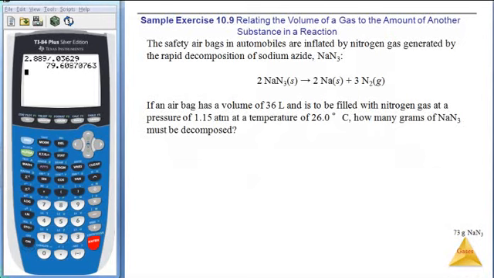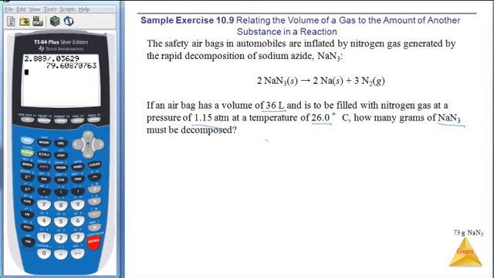Okay, so here we have safety airbags in automobiles, which are inflated by nitrogen gas generated by the rapid decomposition of sodium azide. If an airbag has a volume of 36 liters and is filled with nitrogen gas at a pressure of 1.15 atm and a temperature of 26 C, how many grams of sodium azide must be decomposed?